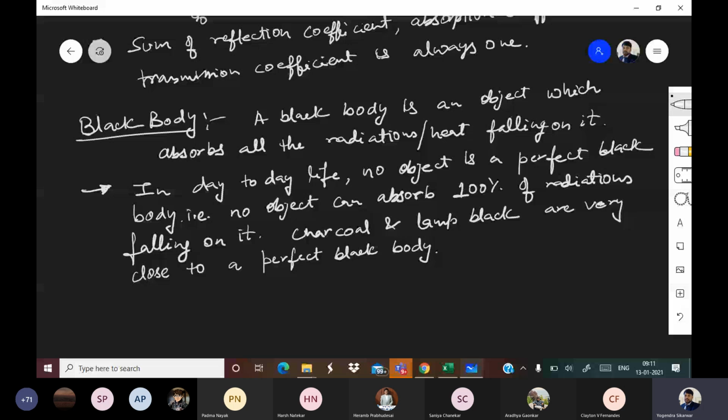All right. Okay. Is there anything in nature which is a perfect black body? Yes. Black holes. Black holes can be considered as a perfect black body.